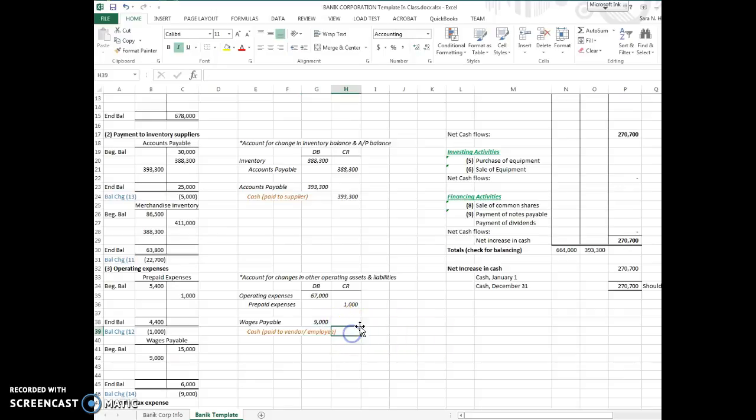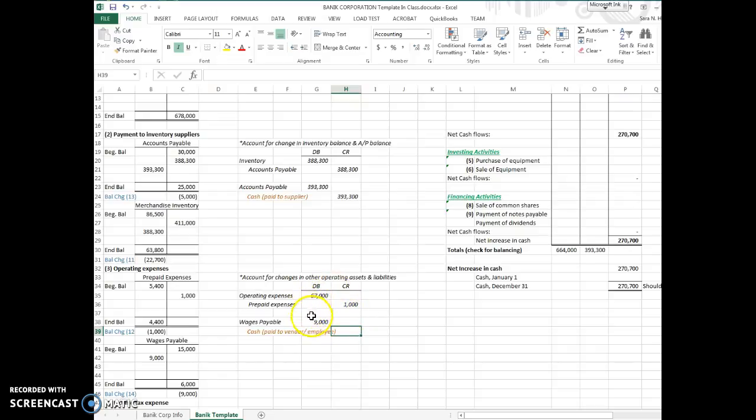Now we can see that we're trying to solve for the cash paid to the vendor or the employee in this case. At this point, we have booked operating expenses on our income statement of $67,000, and we had changes in our wages payable account and prepaid expenses, debits and credits.